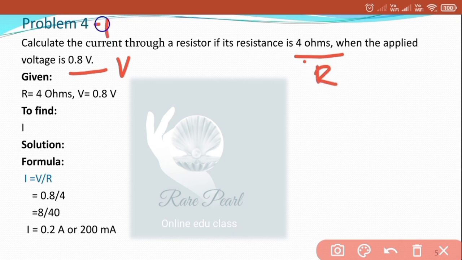We need to find the current I. The relation for current can be obtained from V and R by I is equal to V upon R. Then we substitute the values, 0.8 divided by 4. On multiplying 10 on numerator and denominator, we get 8 by 40. So 8 by 4 is 2, and we have 10 in the denominator, so we will get 0.2 amps or 200 milliamps.